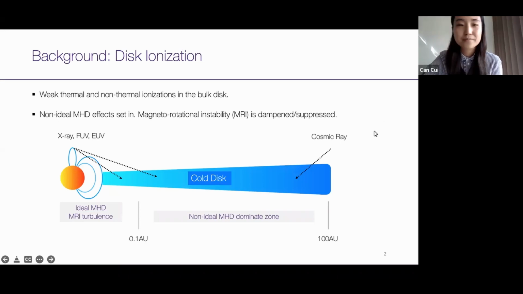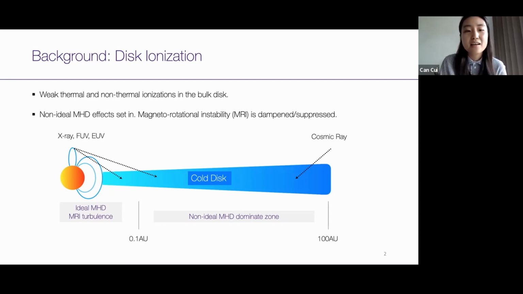A little background introduction about protoplanetary disks and the disk ionization fractions. The ionization fraction in the disk can be divided into two parts, thermal and non-thermal ionization. The thermal ionization is primarily set by the disk temperature, which is passively determined by the protostar, from the stellar X-ray, far UV, and EUV radiation.